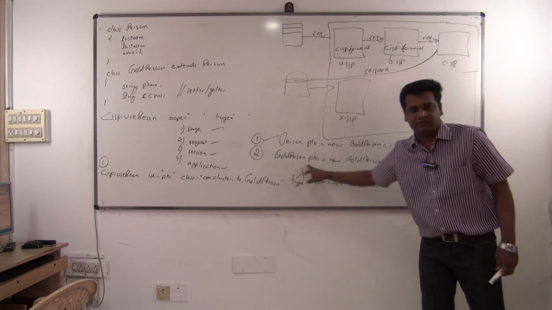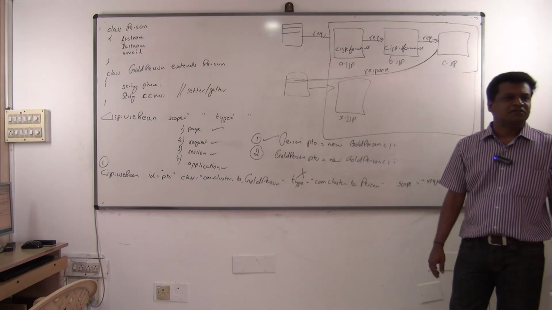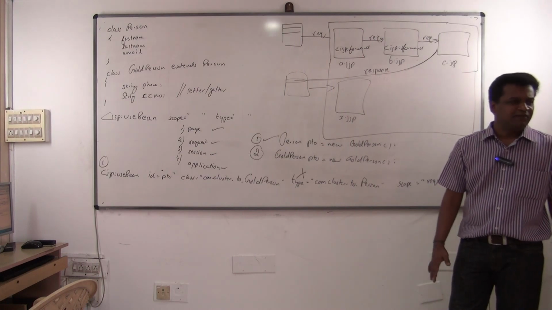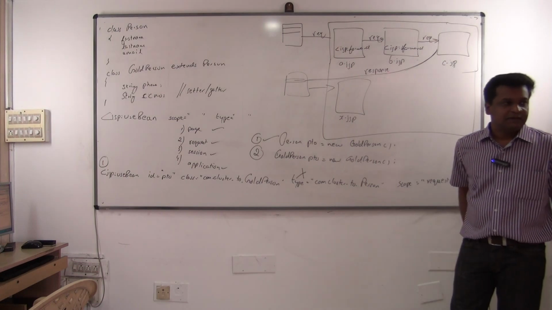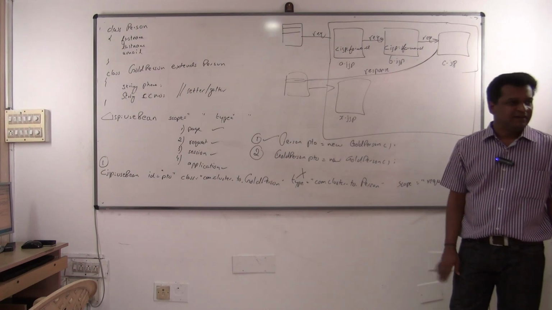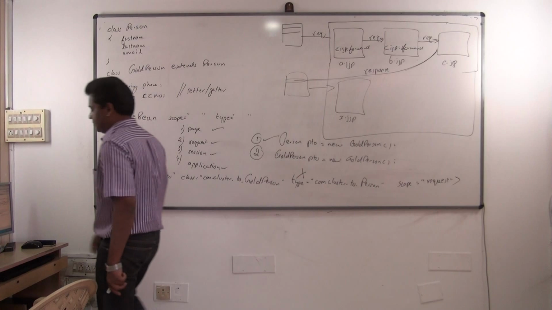Second scenario done. Very rarely used. Leave it. Concentrate only on class. We never use type. Extensively we'll be using class only. That's it. Clear? It's used for typecasting. Basically understand it's used for typecasting.